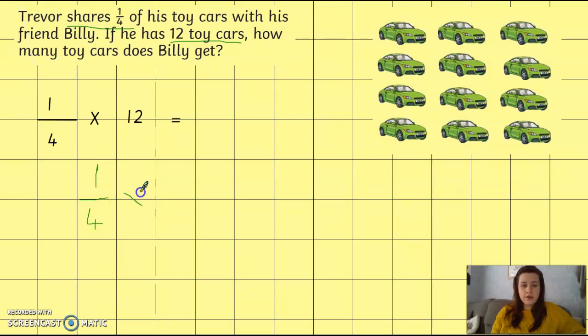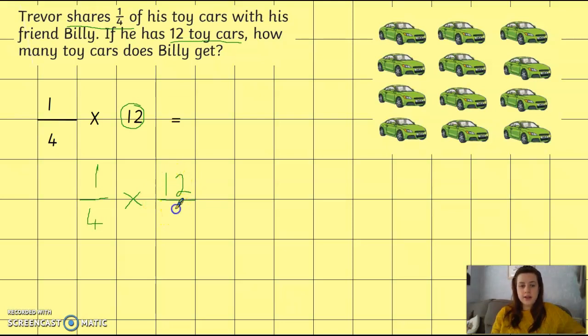Now we know 12 as a whole number is the same as 12 wholes. So we haven't got quarters of these cars. We haven't got thirds. We've got 12 whole ones. He hasn't cut them up. He's got 12 whole cars. And so to express that as a fraction, we put the 12 on the top and it's 12 whole ones.